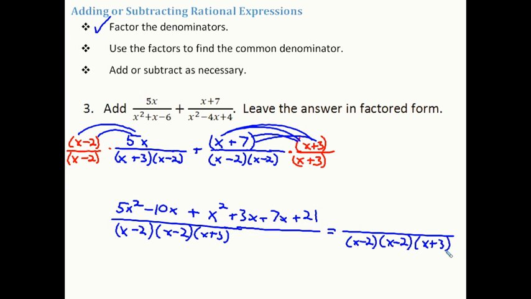And in the numerator, we can add like terms. So we have 5x squared plus x squared is 6x squared. Negative 10x plus 3x plus 7x, that is just 0. And then we have plus 21.